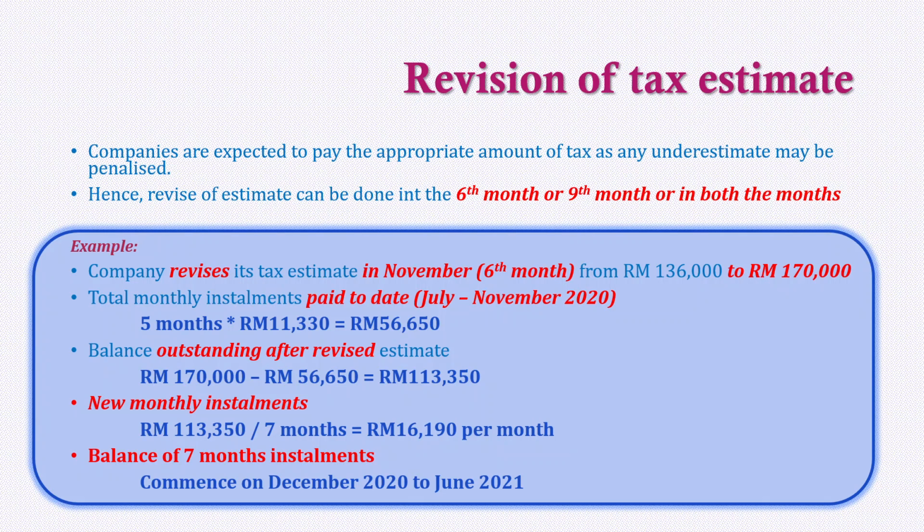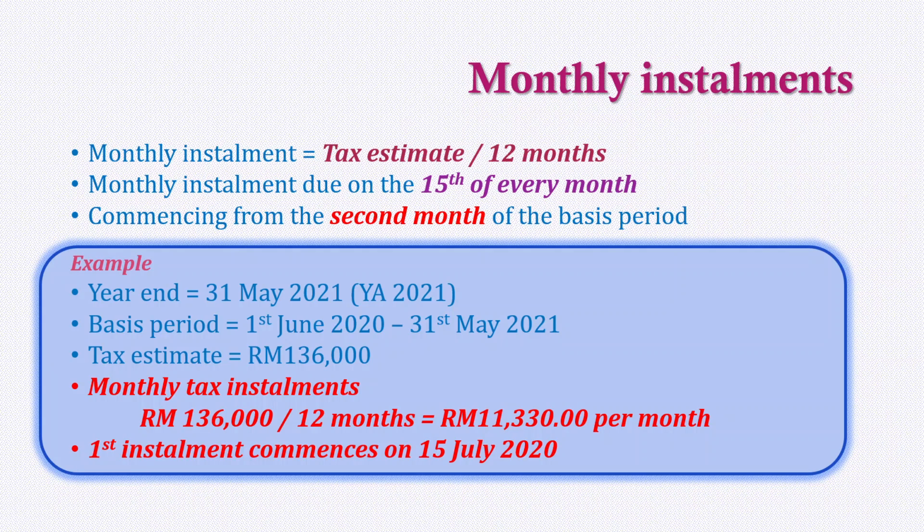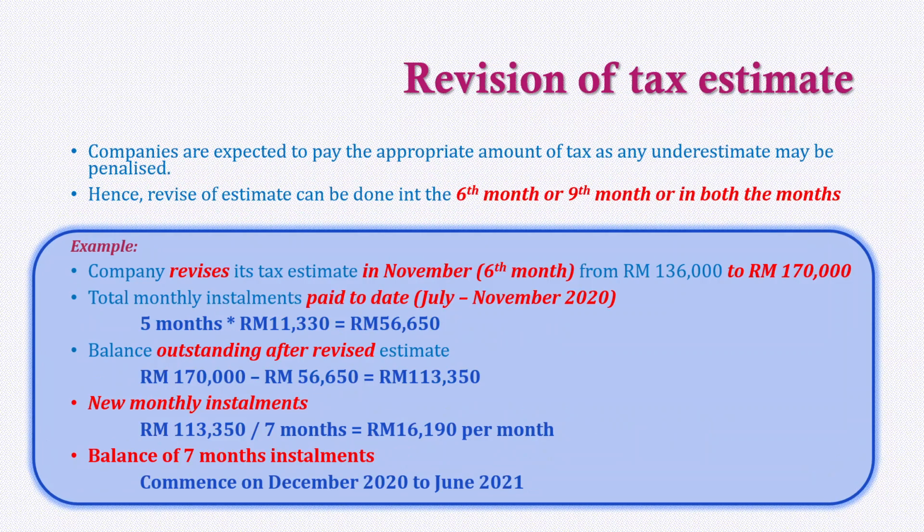Okay. The example here shows that the company would like to revise its tax estimate in the 6th month, November, of that basis period. Okay, so we are still using the same basis period just now, 1st June 2020 until 31st May 2021. So based on this basis period, the 6th month is actually November.